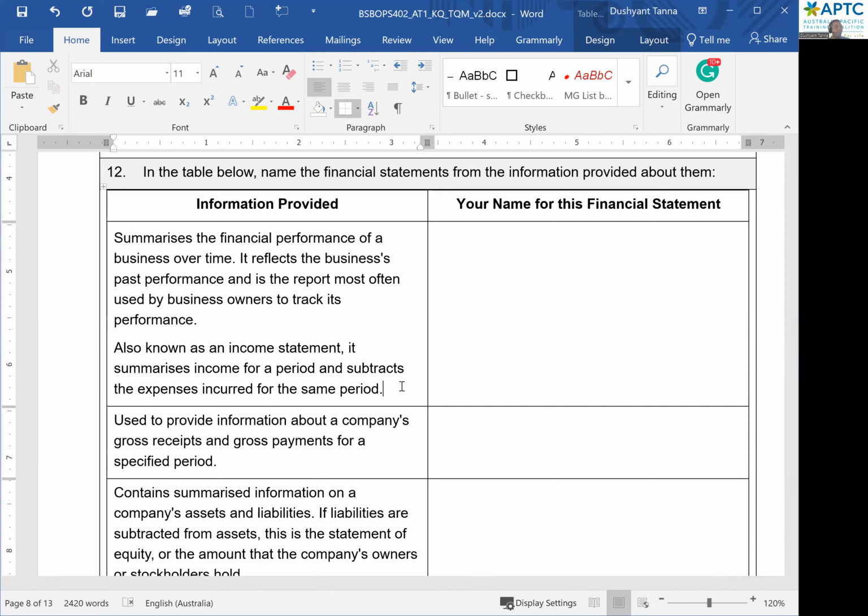What is this? Come on, guys. Anyone? It's also known as the income statement, whatever income you know. Very good. Did you know it or did you look for it? Ah, okay, that's great. Awesome. Profit and loss statement. Good job, sir. Thank you.